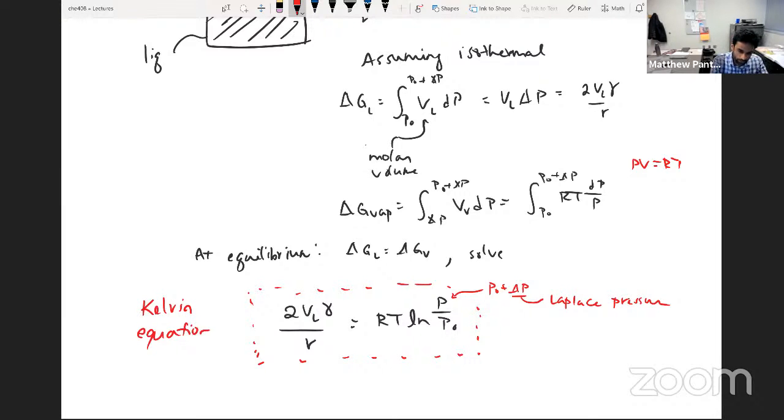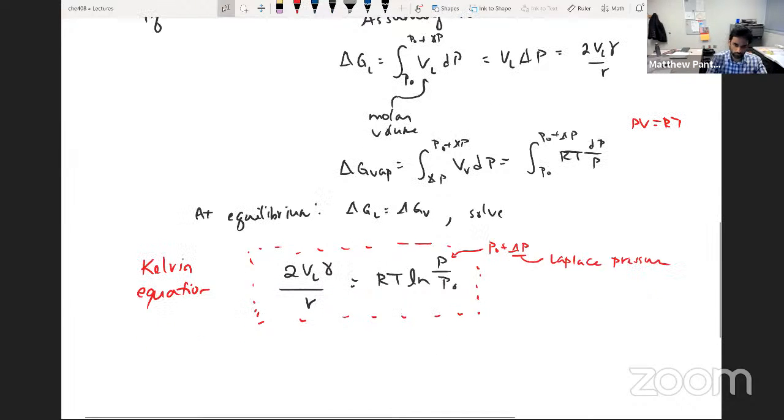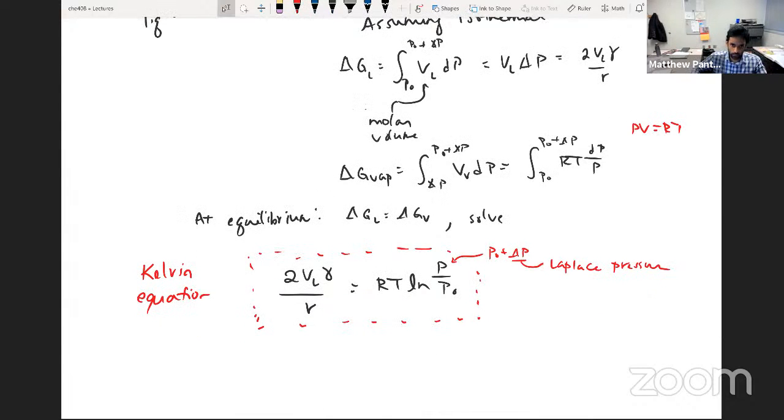This allows us to relate the droplet of a liquid, or it actually can also work for a vapor bubble, the relationship between the vapor pressure and its size. So let's work out what this can look like.